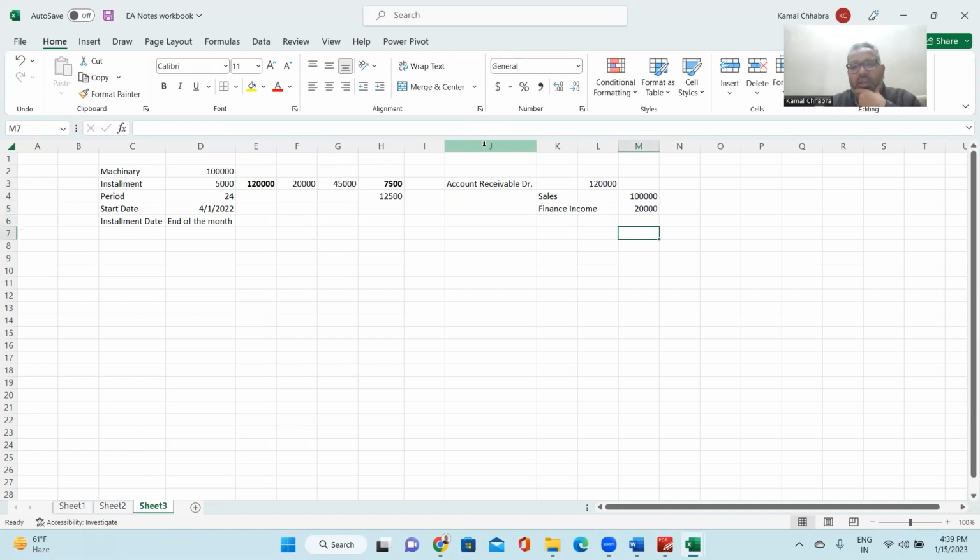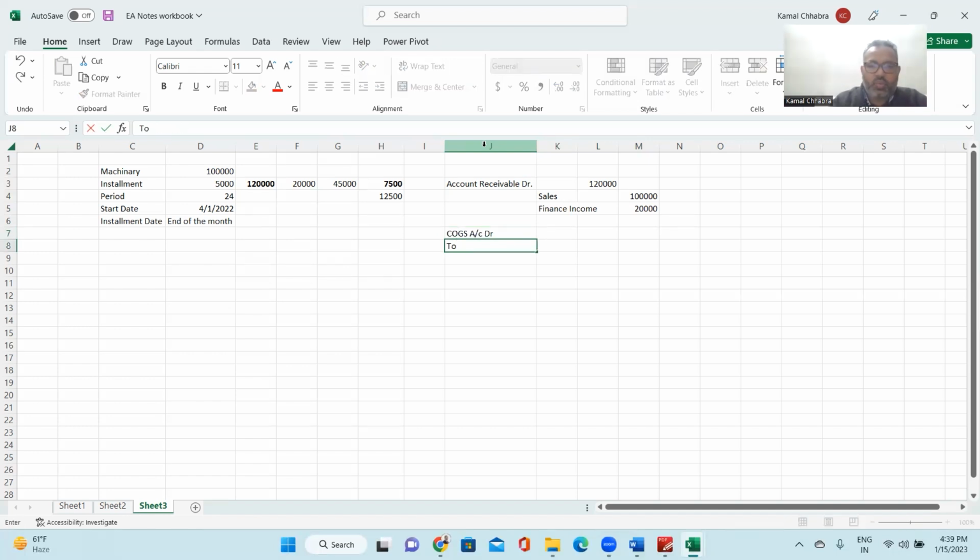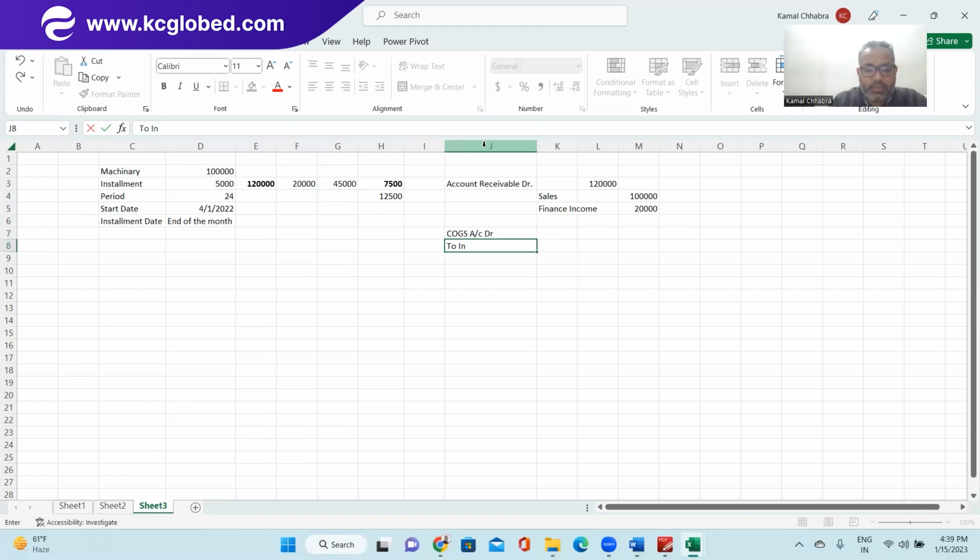And correspondingly, you would have a cost. That is the COGS account debit, and credit to inventory, right? So you might be reducing, let's say you have a cost of 80,000, inventory 80,000.